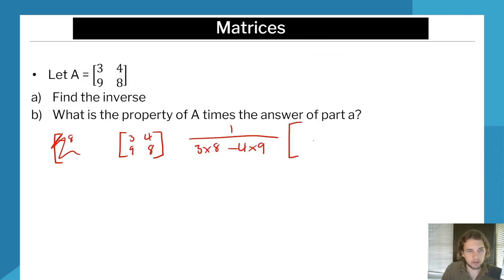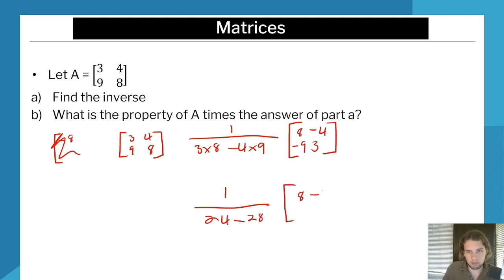And then this factor over here, we flip the 3 and the 8, and we put -9 and -4 here. So that is 1 over 24 minus 28, 8, minus 4, minus 9, 3.